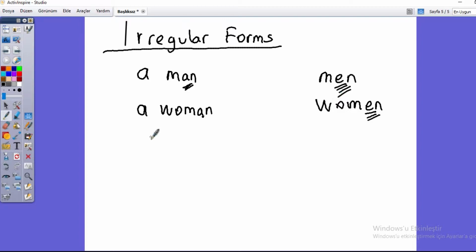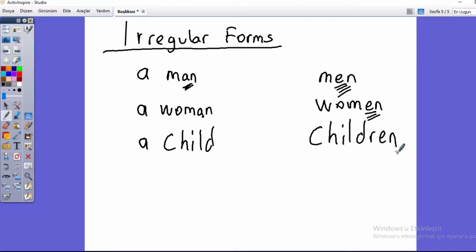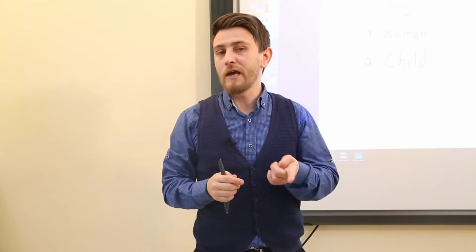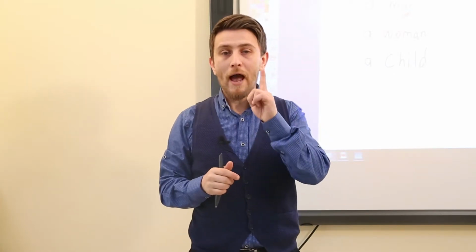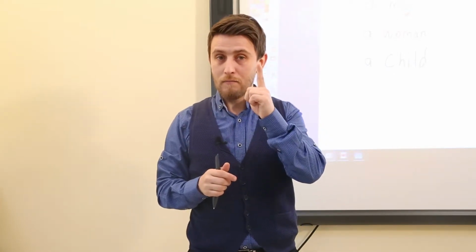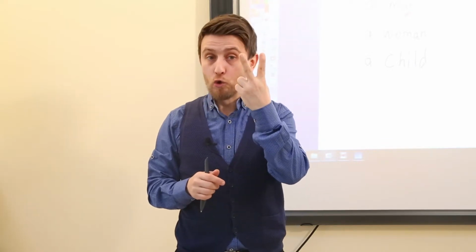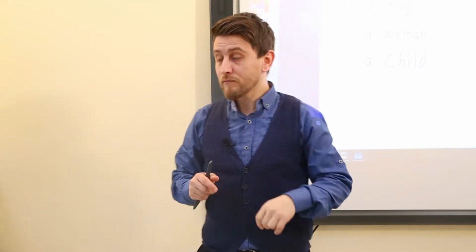We have another one, a child. A child, the plural form becomes children. For example, I am married. Let's say I'm married. I have a child. Maybe I have 2 children.